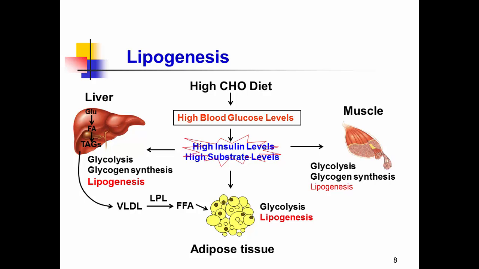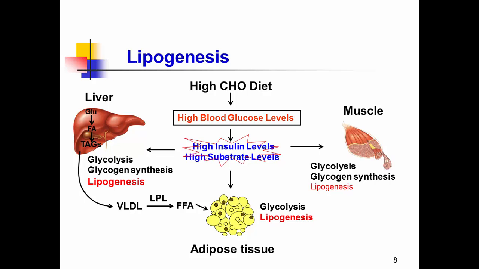Fatty acids need to be stored in the form of triglyceride. The liver is a source of fatty acid synthesis, but not the storage of fatty acids, right? So fatty acids need to be transported to the adipose tissue for storage.